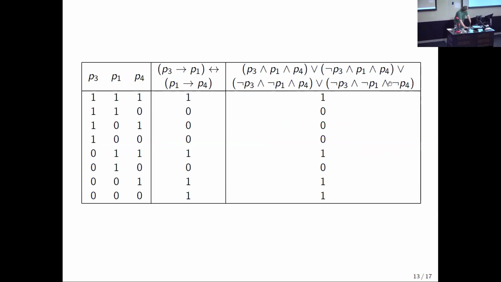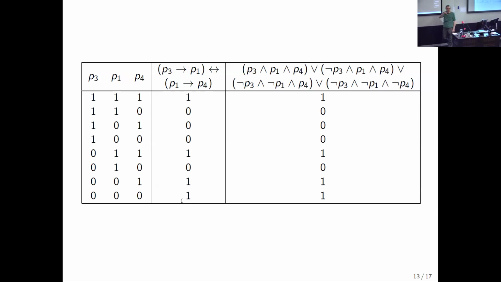And this formula up here is going to be in that form that I just introduced. So you say, well, look, to make this thing true, you either have to do what's on this row, P3 and P1 and P4. That's the first one. Or you have to do what's on this row, which is P3 false, i.e., not P3, and P1 and P4. That's that one. Or you have to do this, or you have to do this, and so on.